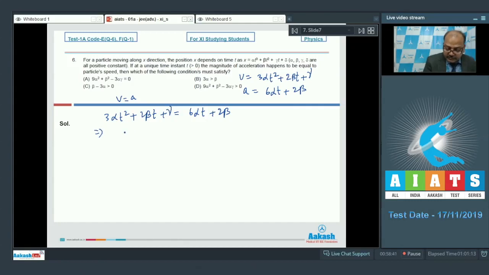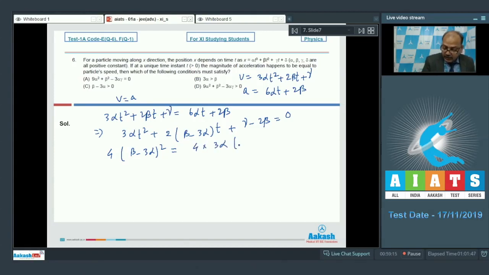which gives us 3 alpha t squared plus 2 times (beta minus 3 alpha) t plus (gamma minus 2 beta) equal to 0. And since t has a unique solution, the discriminant is 0, which means 4 times (beta minus 3 alpha) whole squared is equal to 4 times 3 alpha times (gamma minus 2 beta).